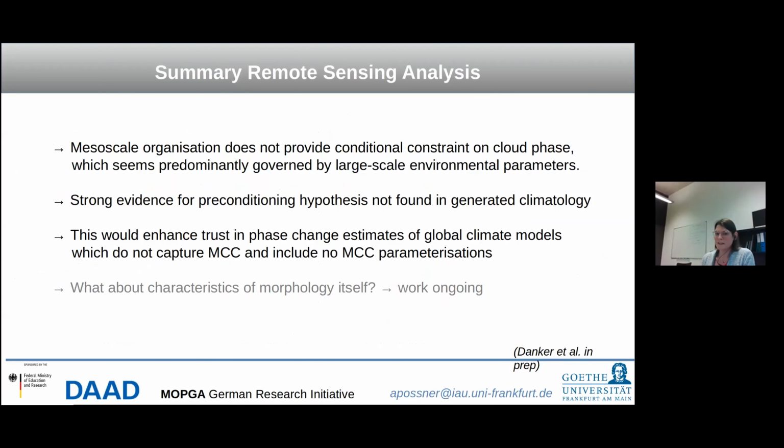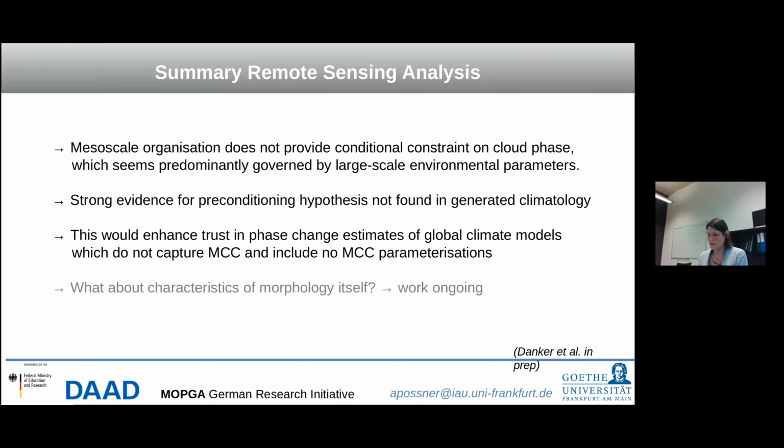So the findings of this study seem to show that mesoscale organization does not seem to provide an additional constraint on cloud phase. There's no evidence for preconditioning to happen. If this is a dominant process, then we would expect to see shifts in the occurrence of mixed phase to liquid clouds between open and closed cell states, because if closed cells are generally less stable in the mixed phase and transition earlier a lot of the time, you would think that that shows up in the climatological statistics.